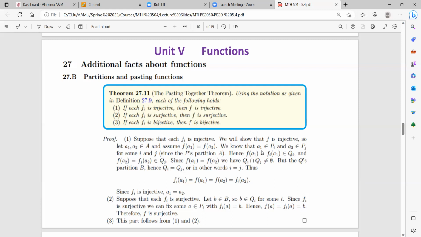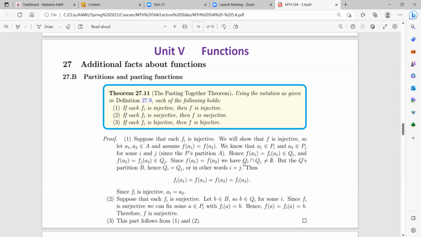So if a1 is from P_i, then f(a1) will be, of course, f_i(a1), and it will be in Q_i. And similarly, f(a2) is just f_j(a2), and that's in Q_j, because f_j is from P_j to Q_j. Okay, so because f(a1) equals f(a2) by assumption, we start from this.